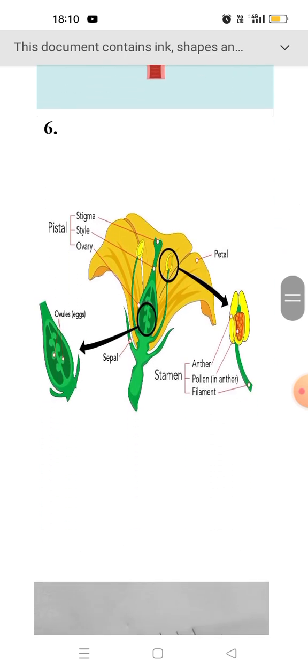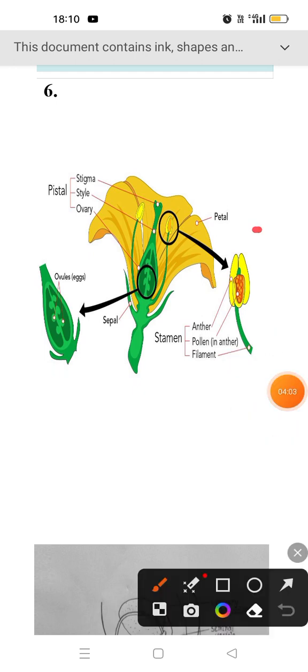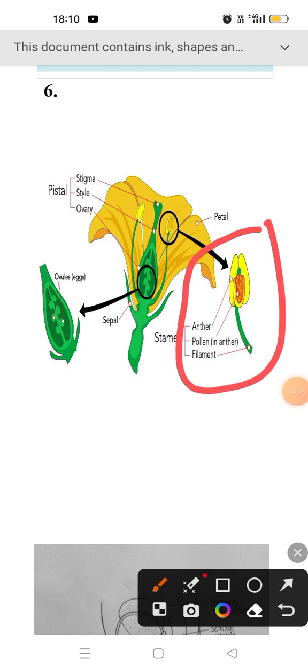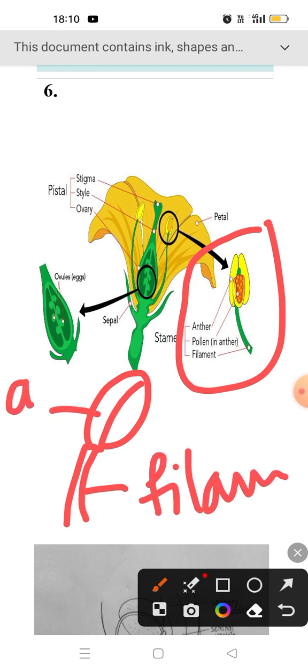Next question: what is the male reproductive part in flowers? So in flowers, the male reproductive part is the stamen. The stamen has two parts. This part is known as the filament, and this part is known as the anther, and the anther bears pollen grains. Clear?